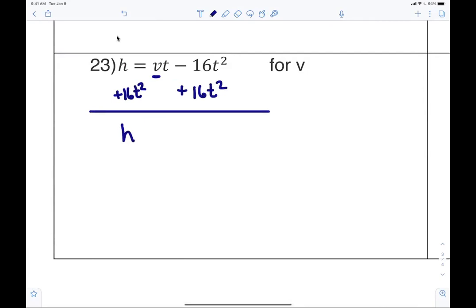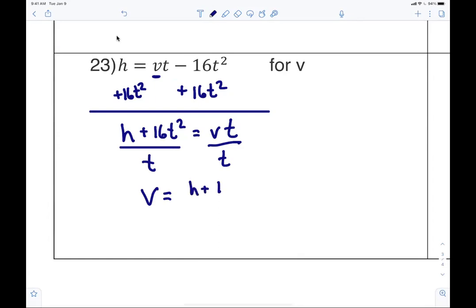So now the height of an object that's in free fall plus 16t squared equals initial velocity times time. So now how do I solve for v? Divide by t. Very good work, buddy. Come on, you're in the game now, right? Jackson? You in the game, right? Yeah, so v equals h plus 16t squared over t. That's excellent.